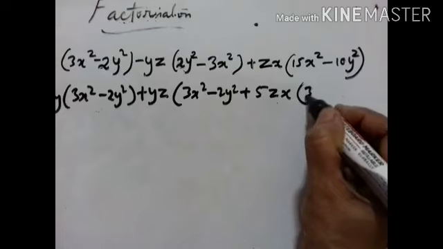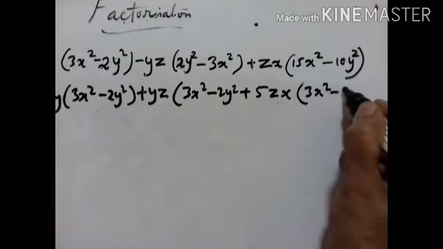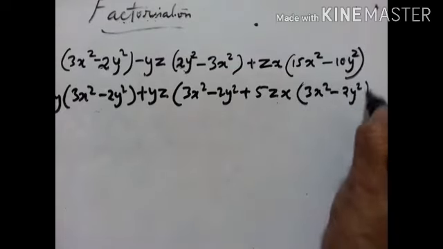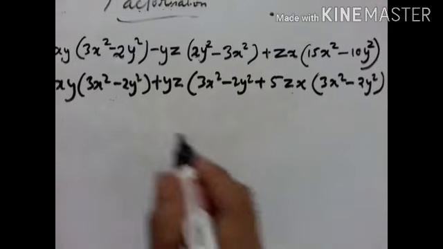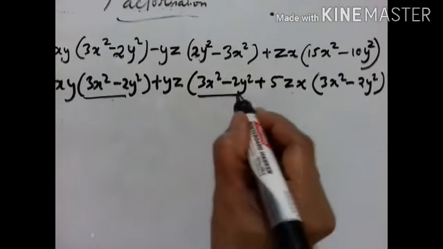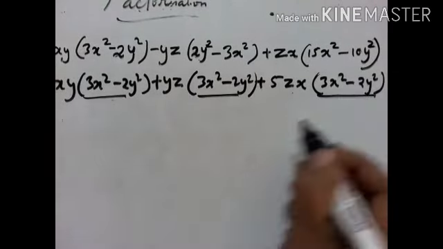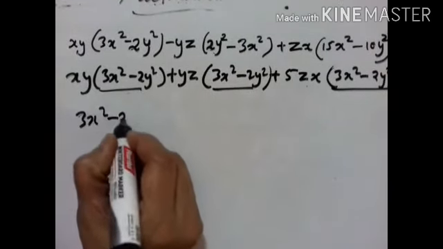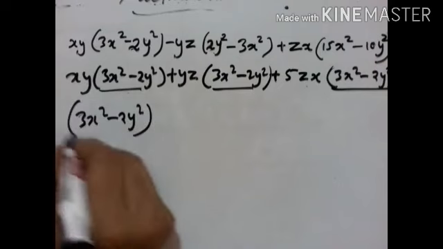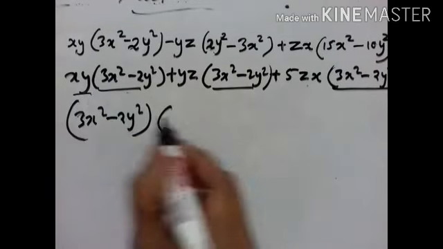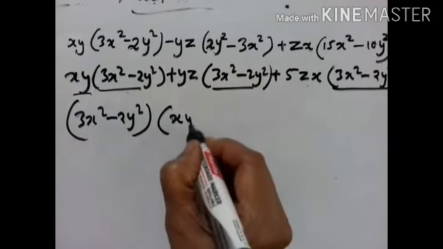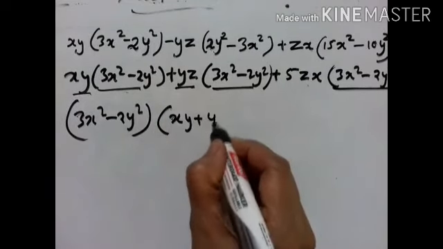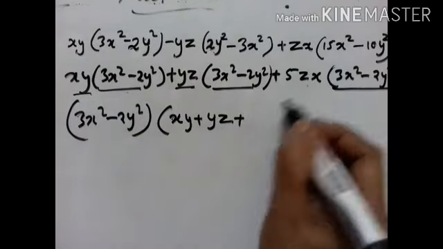What remains is 3x squared minus 2y squared. Now 3x squared minus 2y squared is common. Let us take it out. What remains inside? xy plus yz plus 5zx.